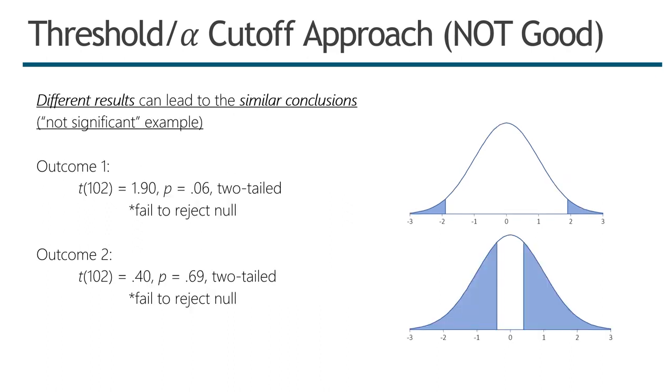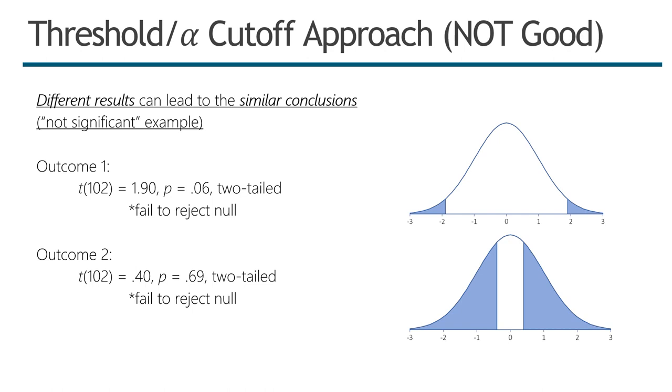Another problem with the threshold approach is that in some circumstances, different results can lead to similar conclusions. For example, in outcome 1, you have a p-value of 0.06. In outcome 2, you have a p-value of 0.69.